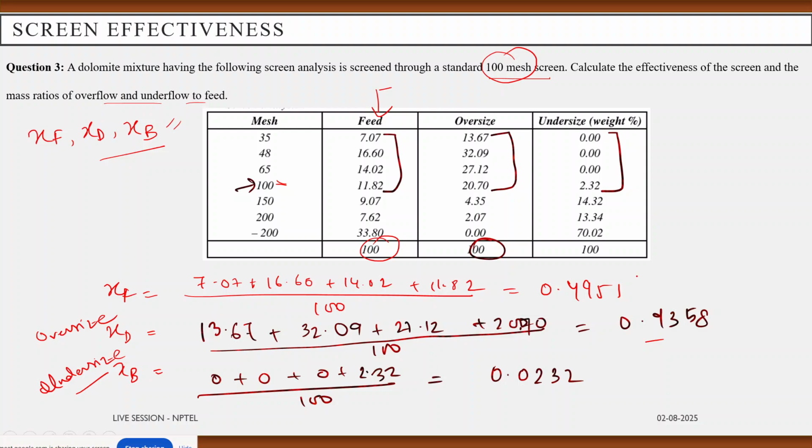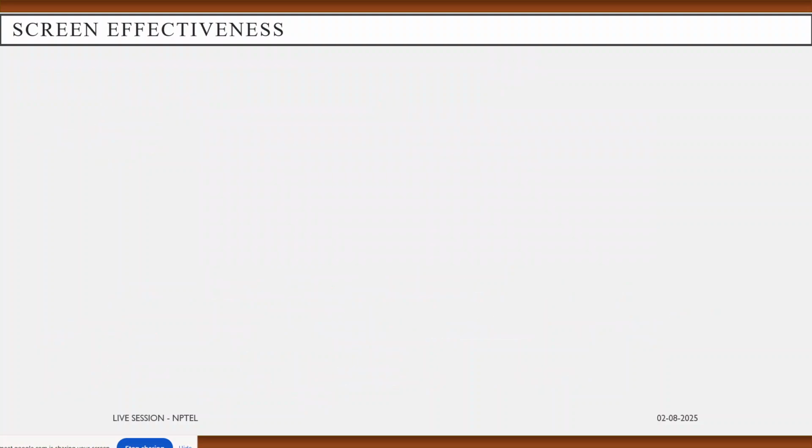Okay, so now we can calculate the other factors. The question is we have to calculate the effectiveness of the screen. So for that we can go forward and calculate the mass ratio of the overflow to the feed.